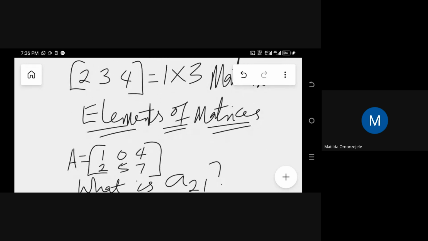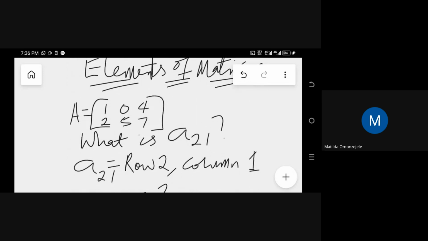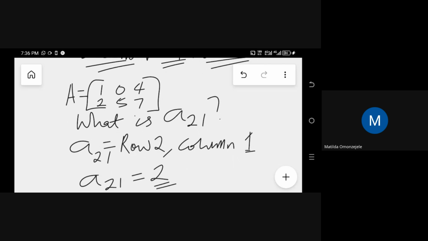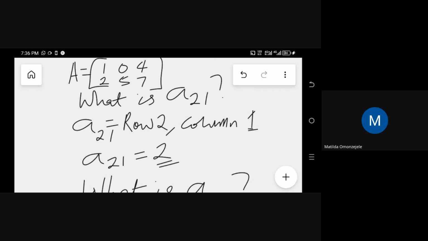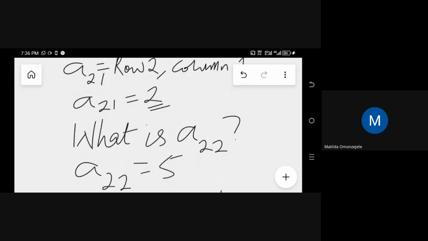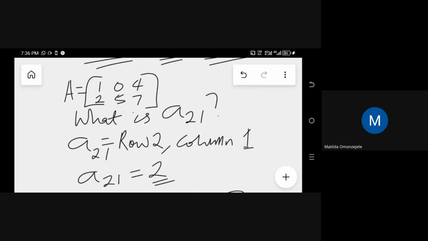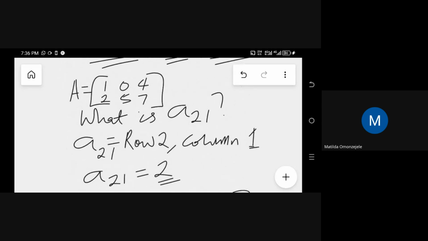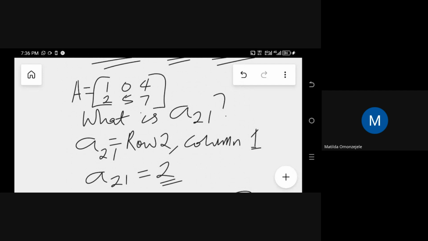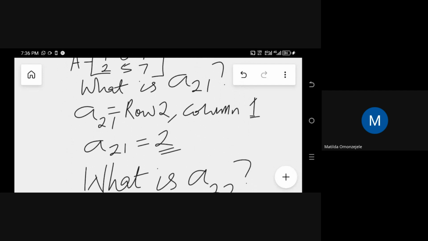Then we proceeded to the elements of the matrix, how to identify the elements of each of these matrices. We said A21 is the element at the second row and the first column, that gave us 2. Then A22, the element at the second row and second column, gave us 5.